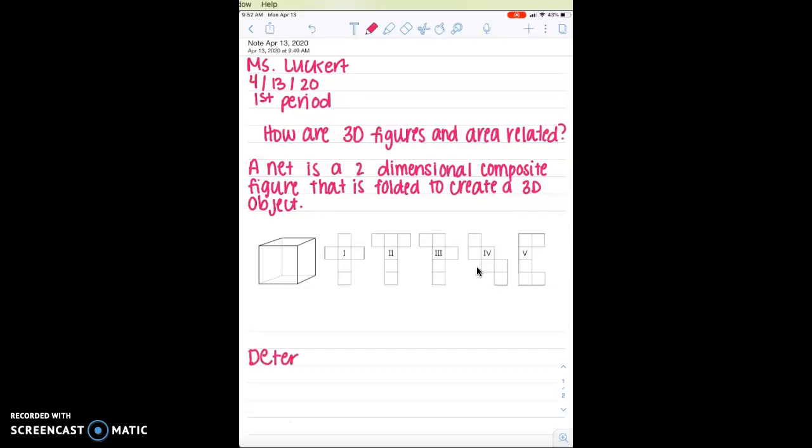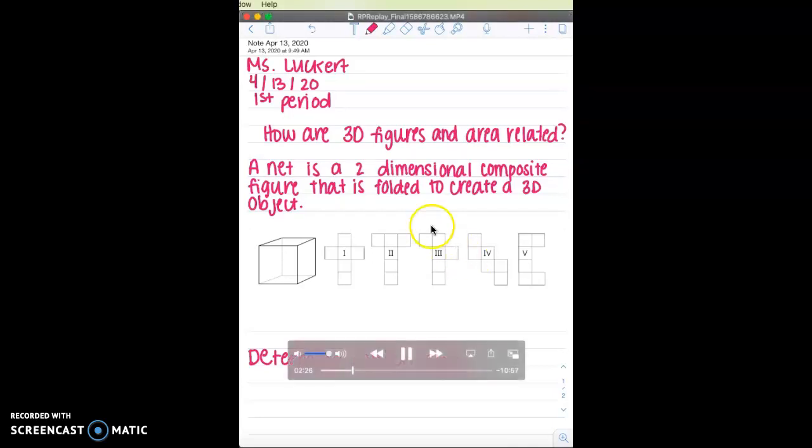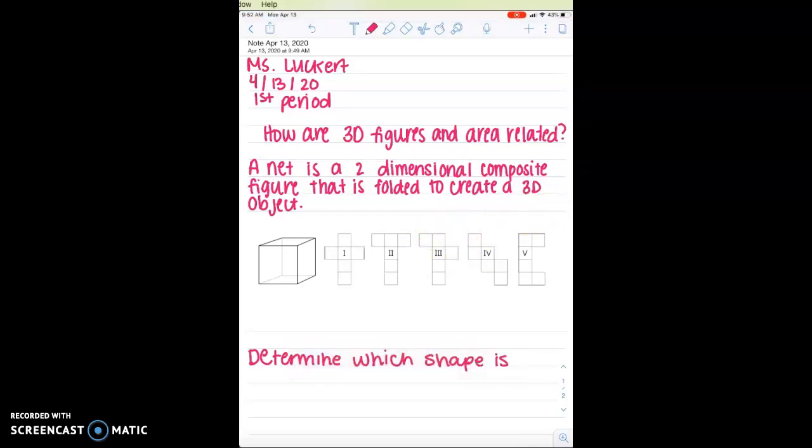So we are going to figure out which nets will actually match that cube. So there could be more than one that's right. And we are going to try to figure out which ones out of all five of those would actually be able to be folded up into a cube.